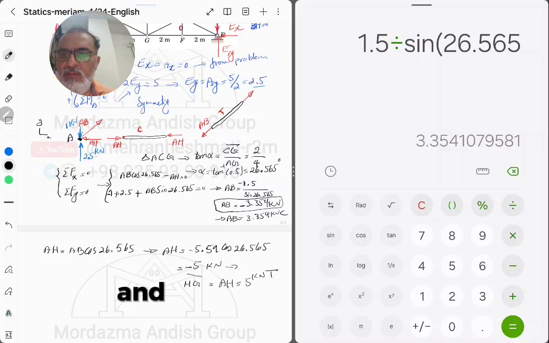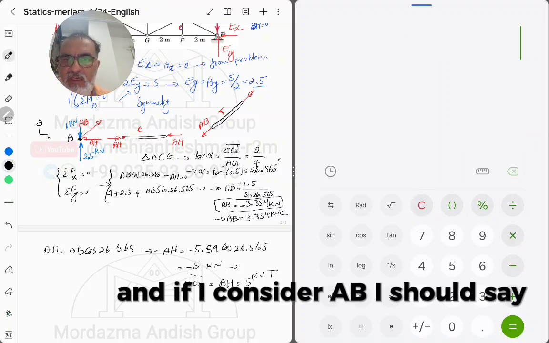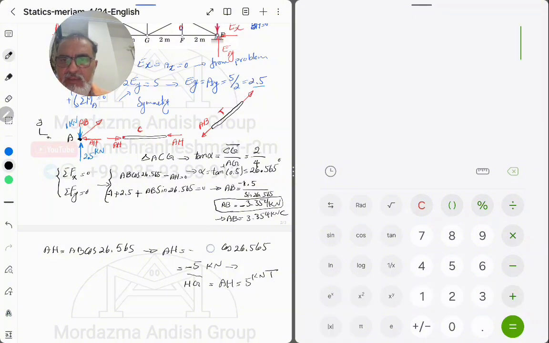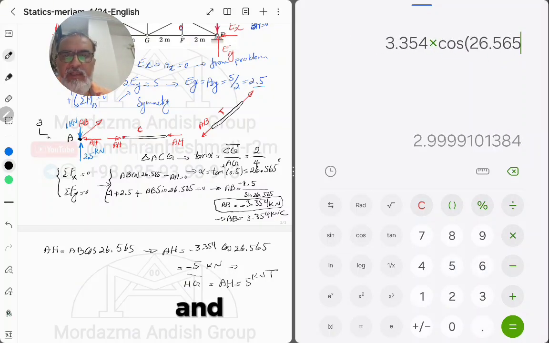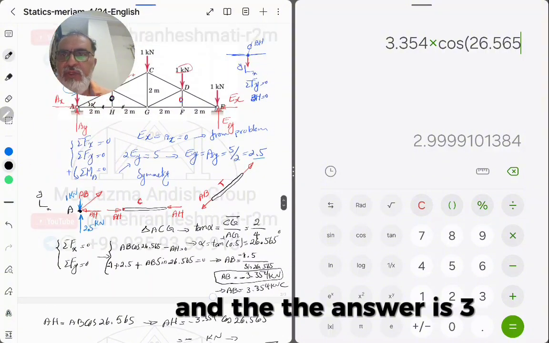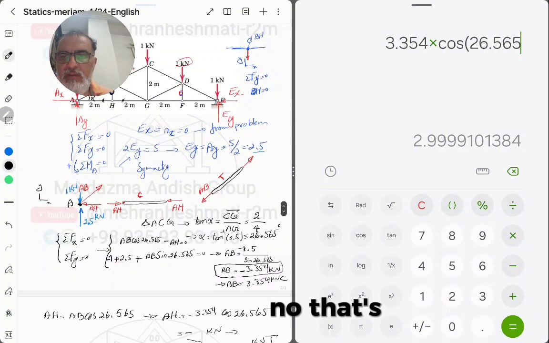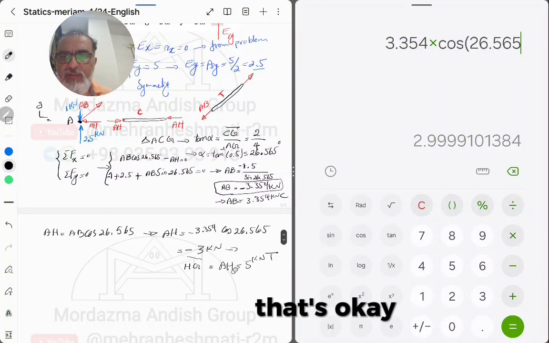And if I consider AB, I should say 3.354 cosine of, and the answer is 3. Yeah, that's okay.